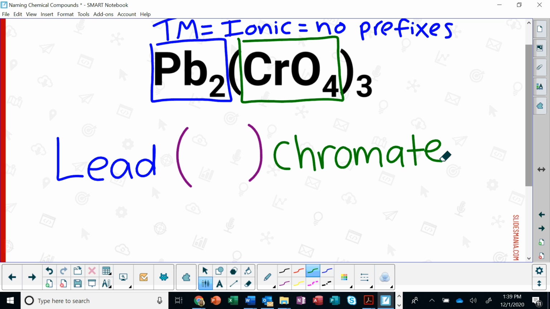Now we need to go back to this whole charge thing. So what I need to do is figure out what the charge is on the chromate.